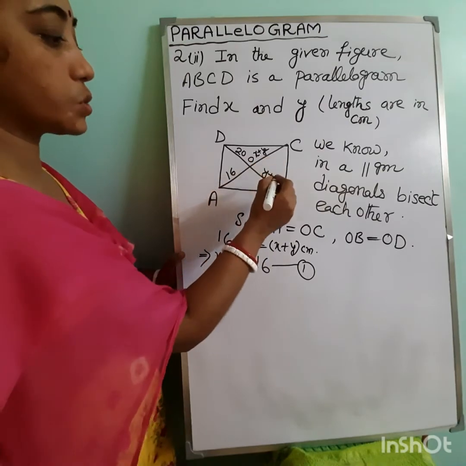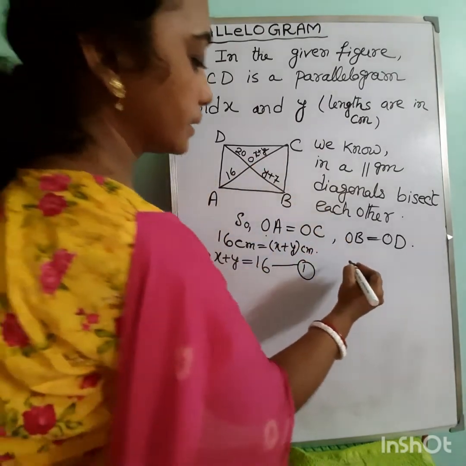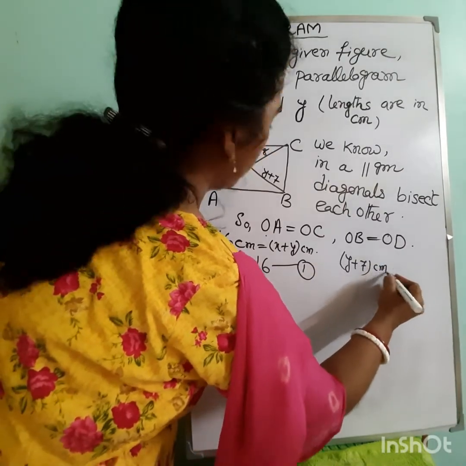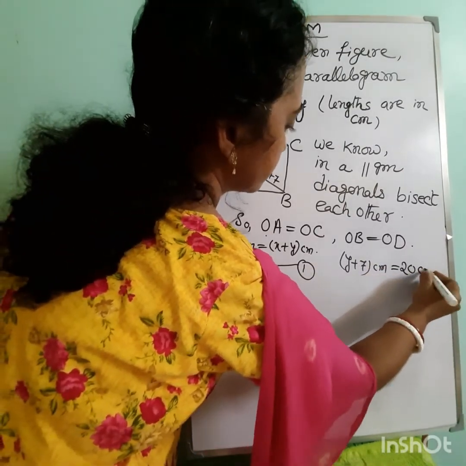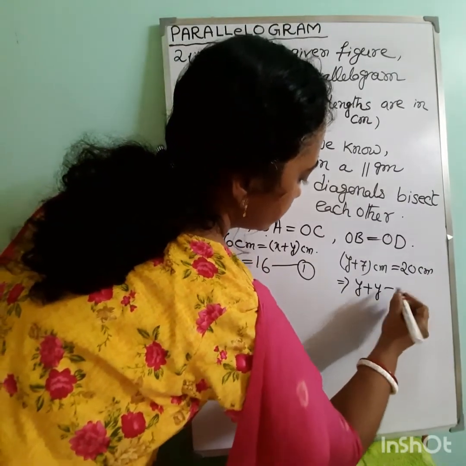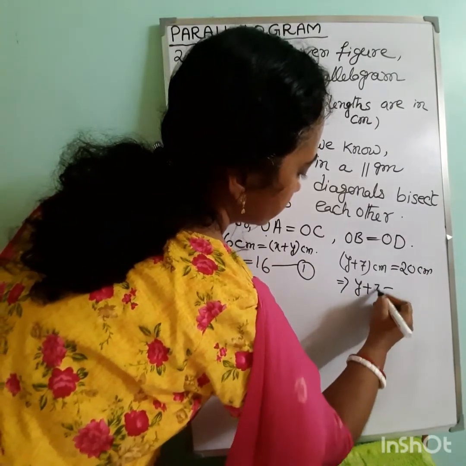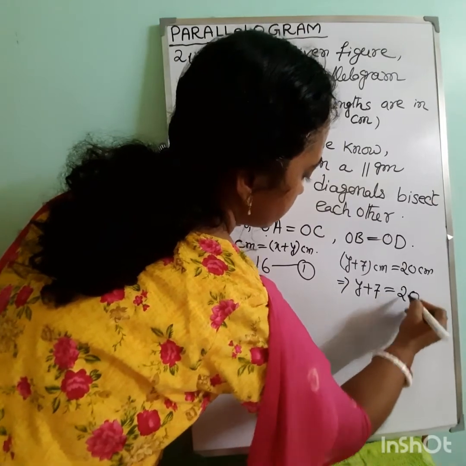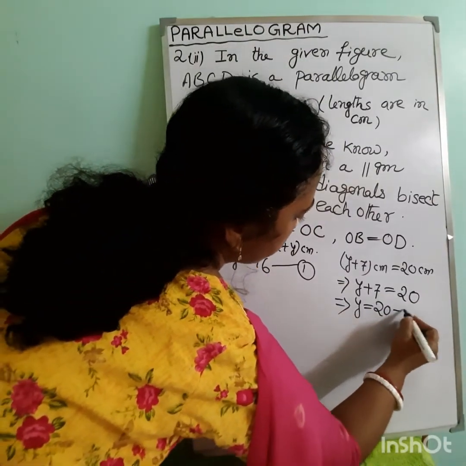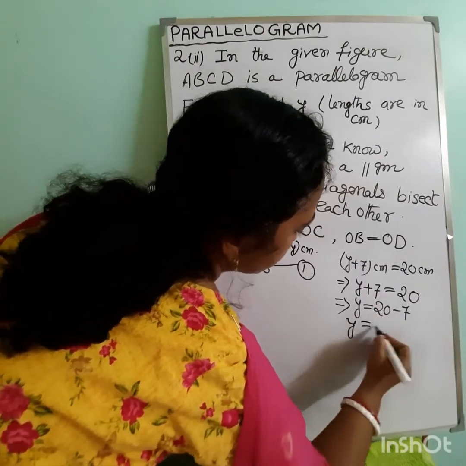Similarly, OB is equal to OD means that y plus 7 centimeter is equal to what? 20 centimeter. Which implies y plus 7 is equal to 20. So from this equation we can write y is equal to 20 minus 7. That means y is equal to 13.